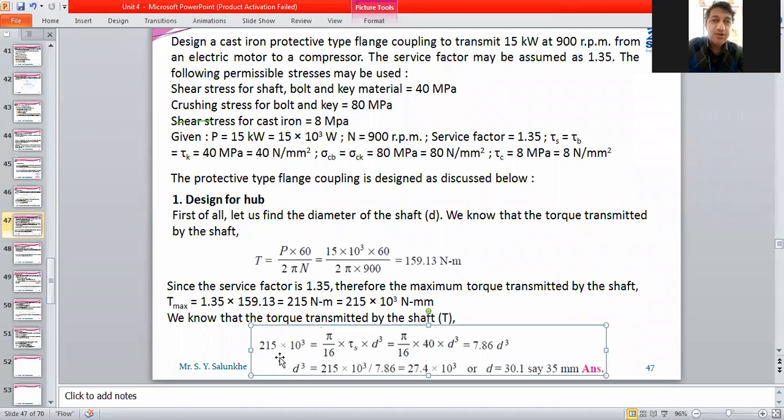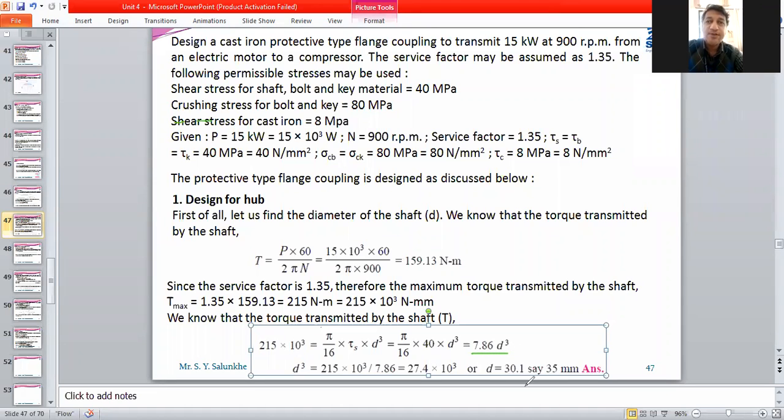For the torque we want to transmit by the shaft, we know that T is equal to pi by 16 times the allowable shear stress for the shaft multiplied by d cube, where d is the diameter of the shaft. The allowable shear stress is 40 megapascal, that is 40 Newton per millimeter square. From this, we can calculate the diameter of the shaft.